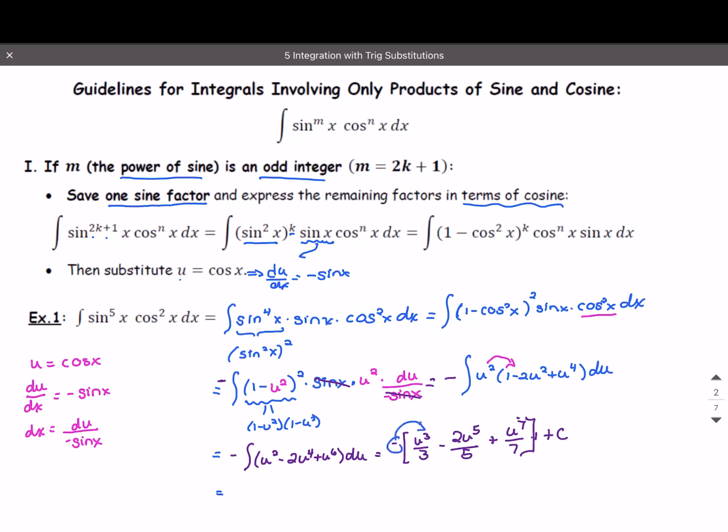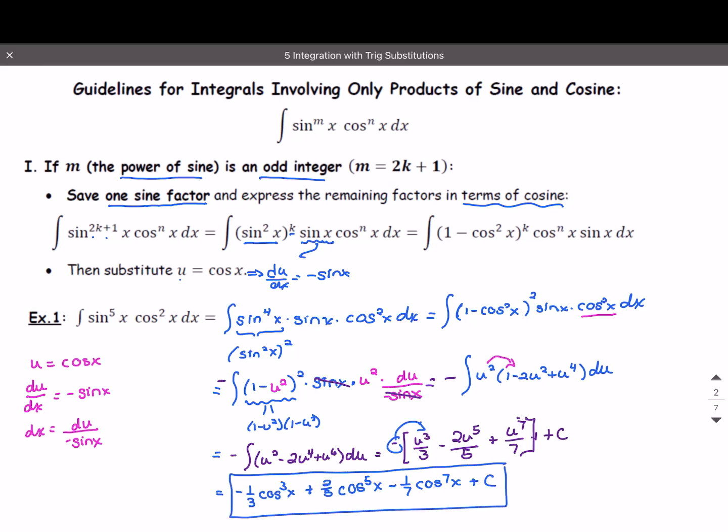This negative, I'm going to take it through. So I'm going to have negative 1/3 cosine cubed x, remember, our u is cosine x, but we have to cube it. Then I'm going to have plus 2/5 cosine to the 5th x minus 1/7 cosine to the 7th x, and of course, don't forget your plus c.